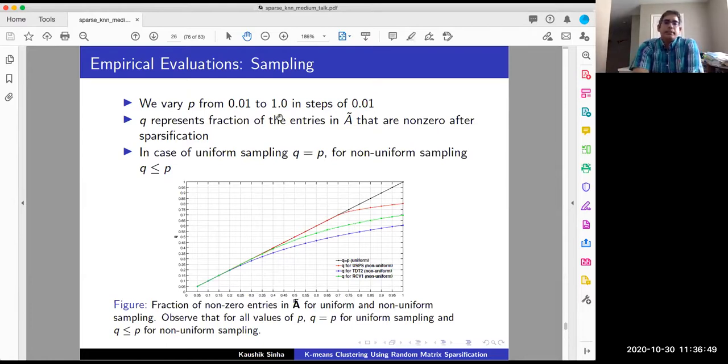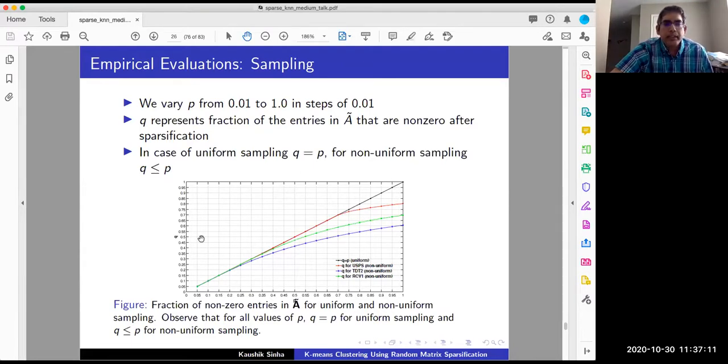It basically says how much sparsification we are allowing. So q represents the fraction of the entries in the sparsified matrix which are 0. In the case of non-uniform sampling, q equals p, because that is precisely how many entries we are making 0. For uniform sampling, it is typically much smaller, and this curve corresponds to that.